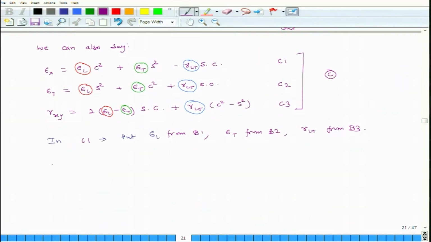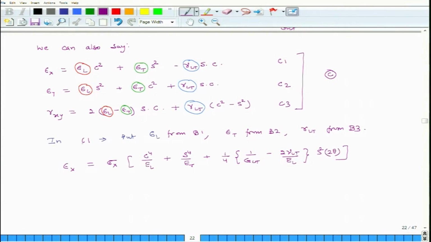So, we get from that epsilon x is equal to sigma x times cosine 4 theta by EL plus sin 4 theta over ET plus 1 over 4 divided by 1 over GLT minus 2 nu LT divided by EL times sin square of 2 theta, this long thing.